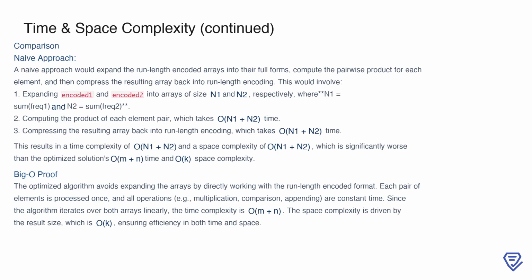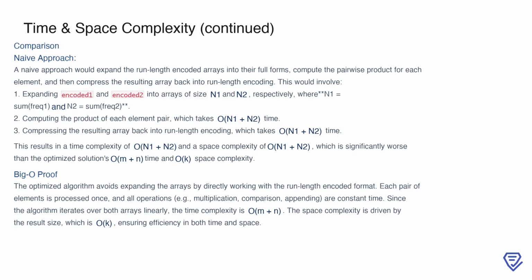When comparing this optimized algorithm to a naive approach, the efficiency becomes apparent. The naive approach would first expand the run length encoded arrays into their full forms. This expansion produces arrays of sizes n1 and n2, where n1 is the total sum of frequencies in encoded1, and n2 is the total sum of frequencies in encoded2.